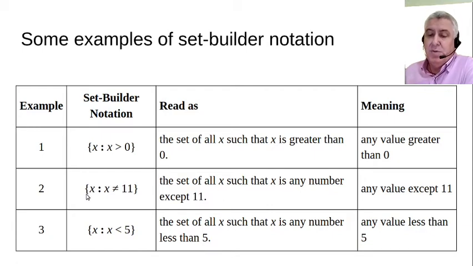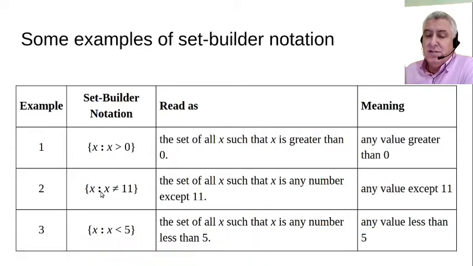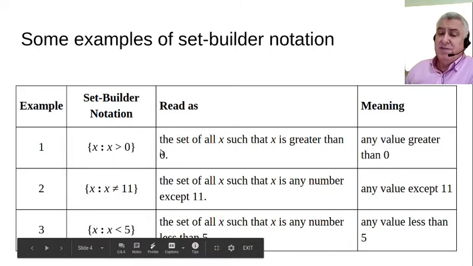And we can look at this one: the set of all x such that x is not equal to 11. That's how we read that. And the set of all x such that x is less than 5. Those are some examples of how we do it.